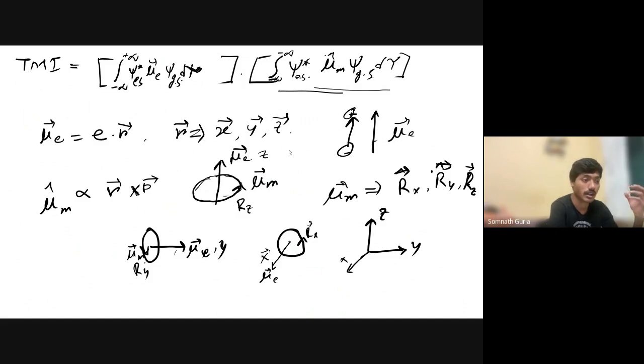The circularly polarized light also has a helical propagation, and both helical motions interact with each other.